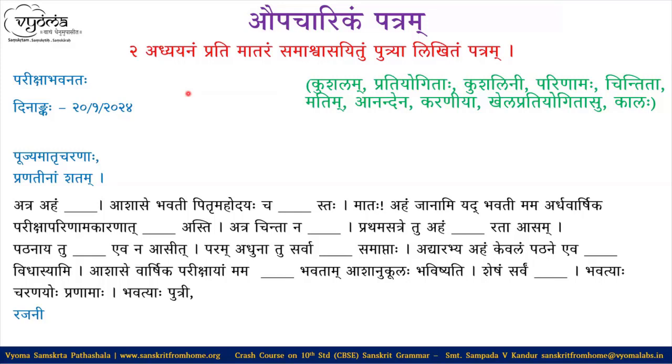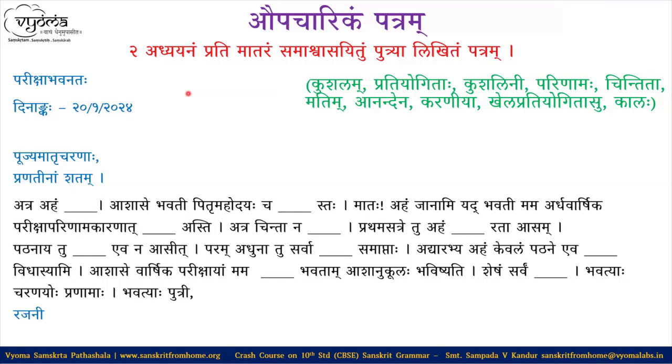Saptami. Then chinta is prathama, no? Saptami and prathama you will match, no. Chintana. Read all the words in Manjusha. Atra chintana kushalam. Atra chintana pratiyogitaha. Atra chintana kushalini. What can be matched? Atra chintana.